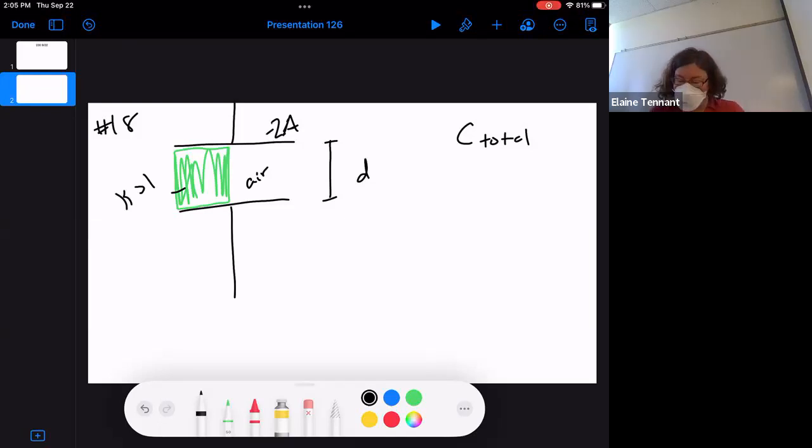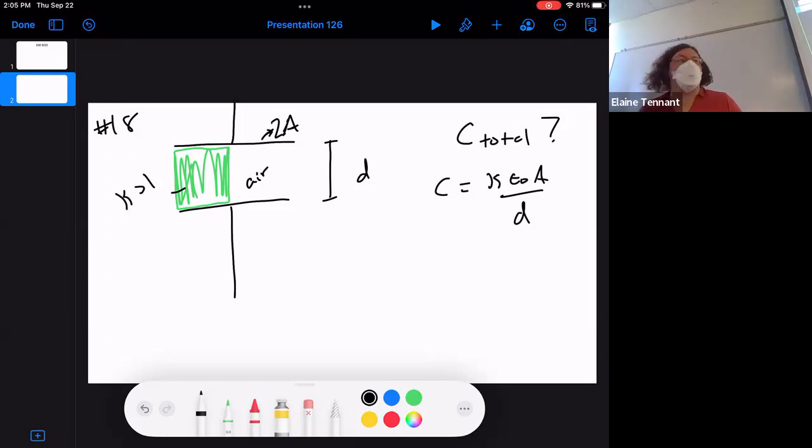So what are your thoughts? How would you do this problem? Okay, so we definitely are going to say, okay, well, parallel plate capacitor has a capacitance that looks like that, right?